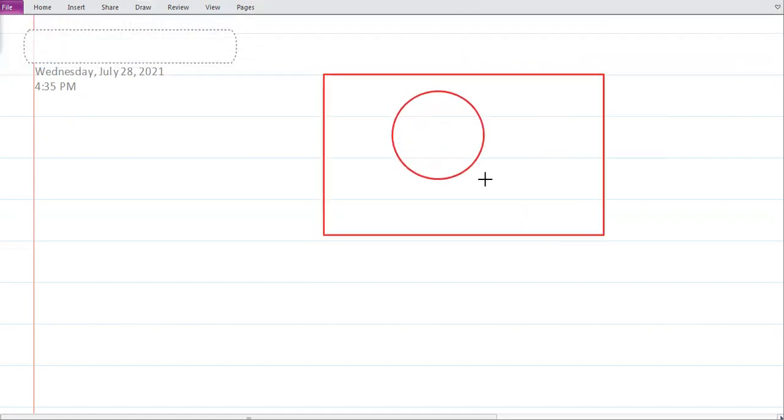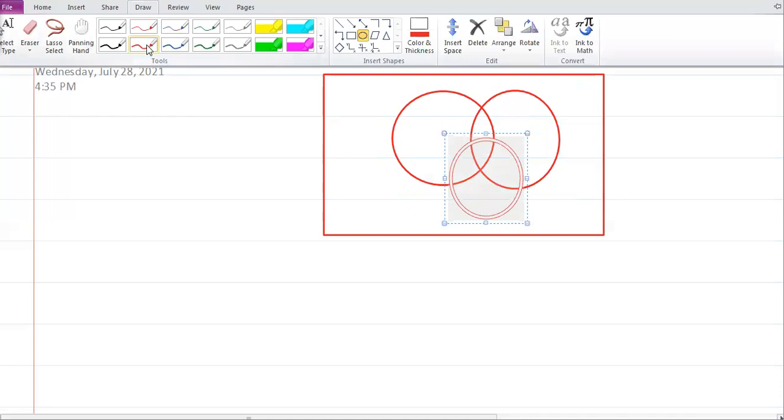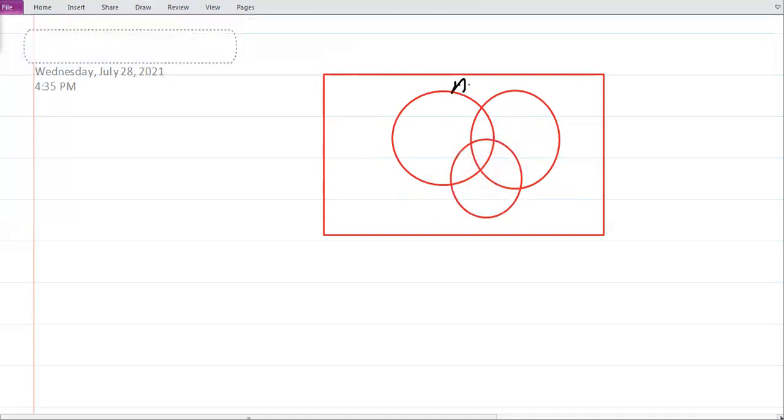I'm going to give you the three sets, and within these three sets, this is A, this is B, and this one is C. You have to shade A complement union B intersection C. Let's try to complete it and let me know.